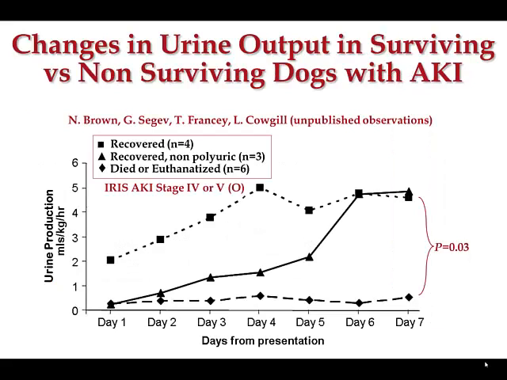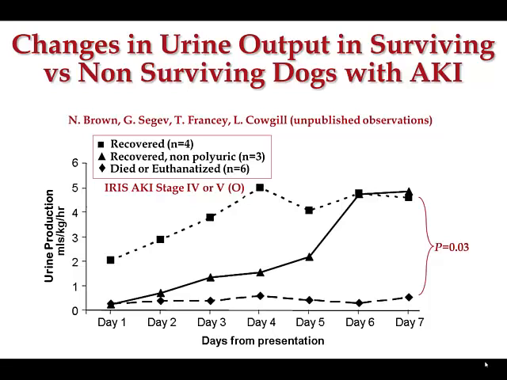But in some studies that we've done, mostly in dogs, this is a series of 10 dogs that were generally dogs with acute leptospirosis, urine production, or the ability of the kidney to produce urine during a 7-day window of observation, was fairly predictive of animals that would go on to recover.